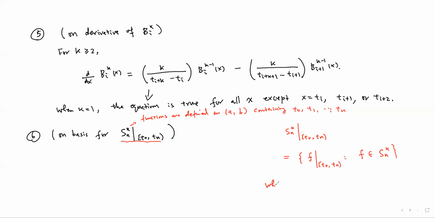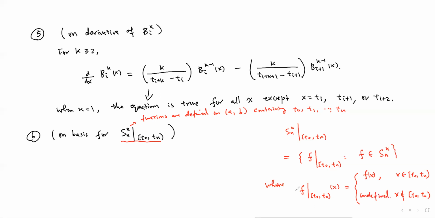Where f restricted to [t_0, t_n] means this function: when x is in [t_0, t_n], this function is equal to f(x). When x is outside [t_0, t_n], this function is undefined, no function value.